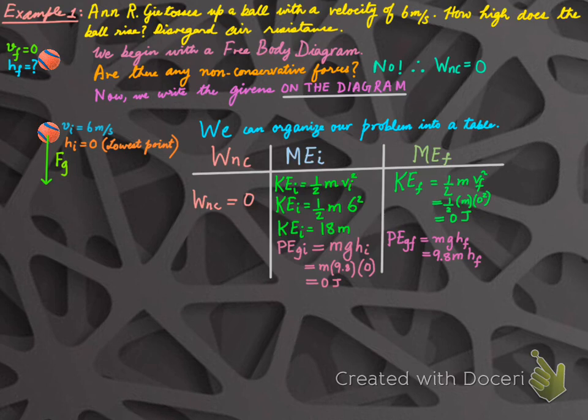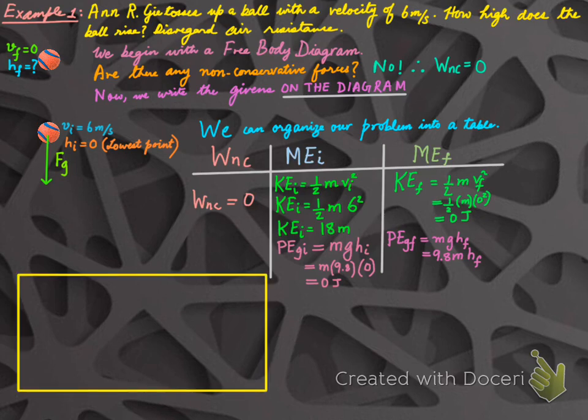So now we've got all the parts of the work energy theorem, and we can now substitute into the work energy theorem to do the problem. The work energy theorem states that the sum of the non-conservative work and the initial mechanical energy equals the sum of the kinetic energy final and gravitational potential energy final.